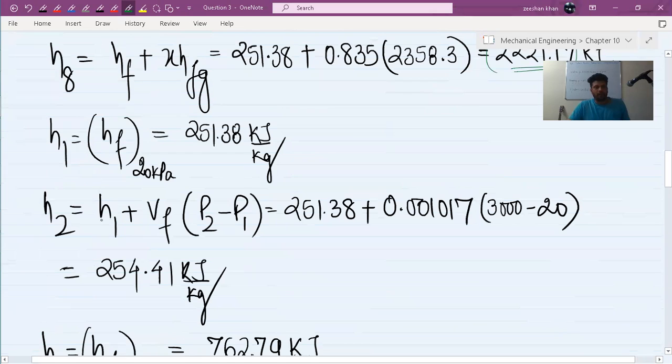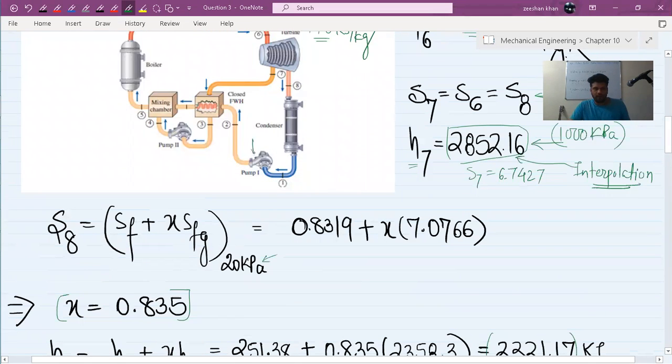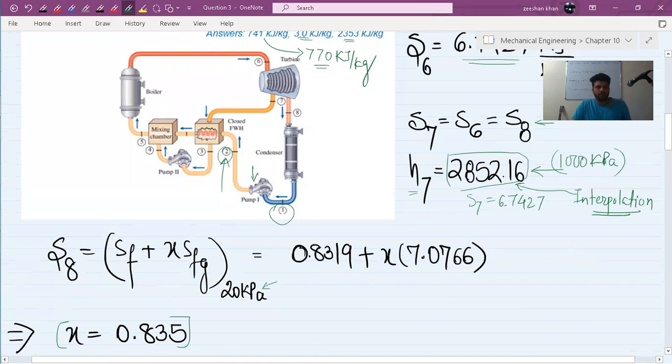Again, h2 is going to be h1 plus vf into p2 minus p1. Just know that pump 1 is taking the system from the first state to the second state, and the second state has the pressure equal to that of the boiler.